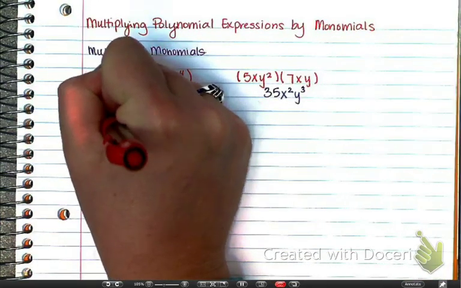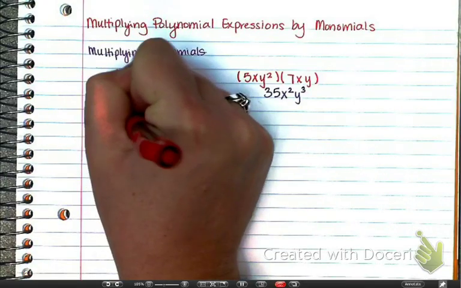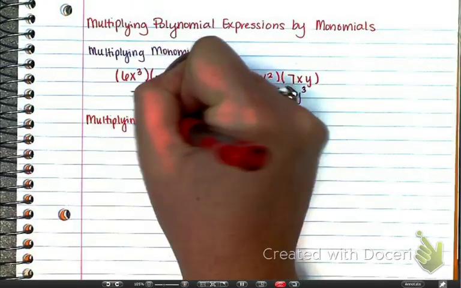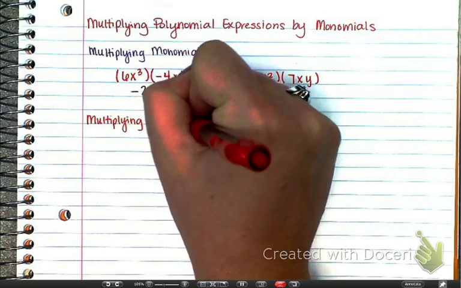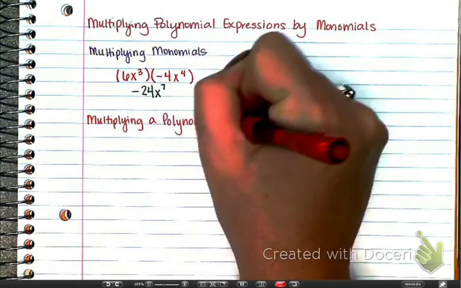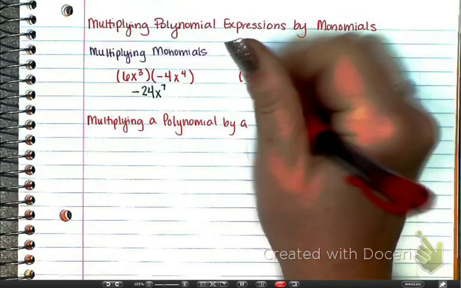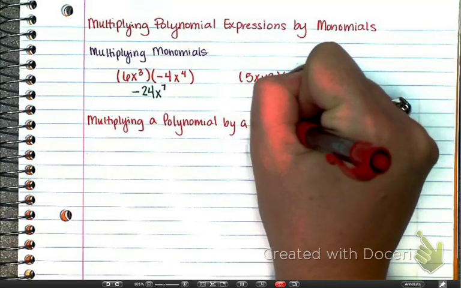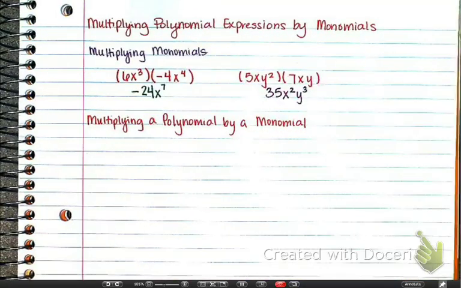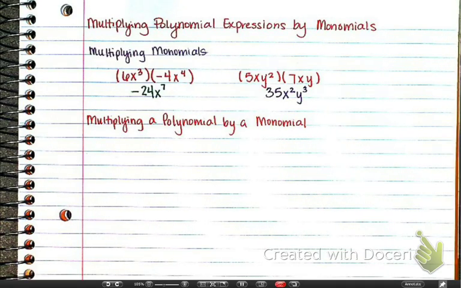So let's do the whole thing now. Multiplying a polynomial by a monomial. Now we're still going to stick with standard form, so if for whatever reason our final answer is not in standard form, we'll need to do that as well.